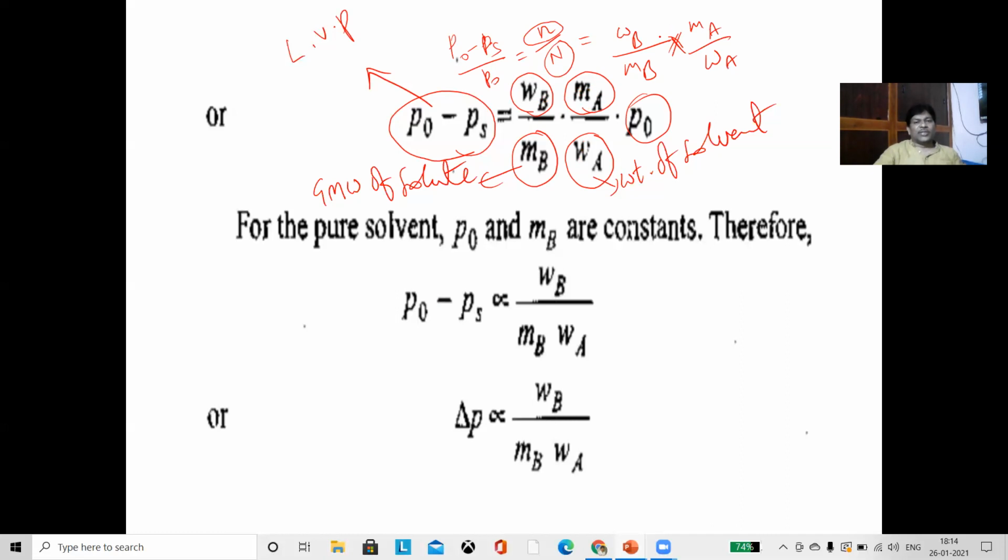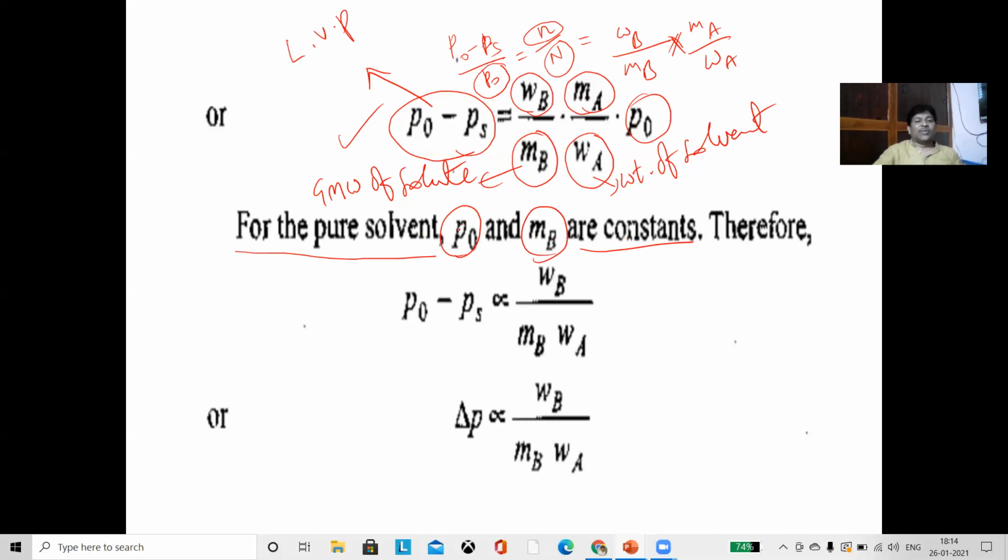Now from this formula, take P0 to the right side. Then it will be WB divided by MB into MA by WA into P0. So lowering of vapor pressure is equal to this. Now for the pure solvent, P0 and MB are constants.